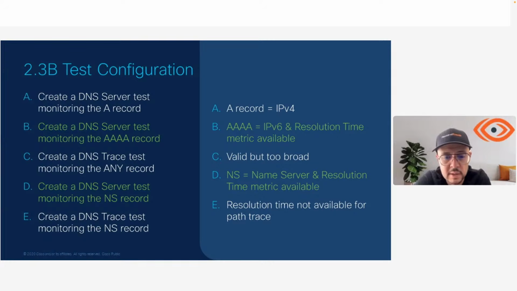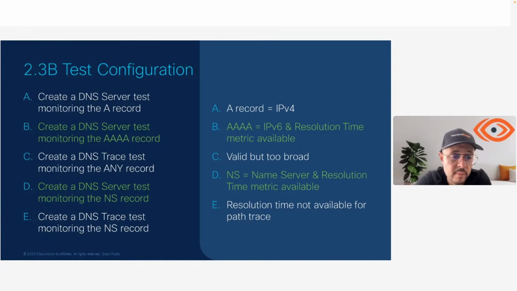for IPv6. In the other options, A is discarded because this is IPv4. The target of C is quite broad. With any, we would be picking up all the records available for DNS, and the question is really specific. We just need specific records from there, so I will discard that option for that reason as well, because it's really broad.